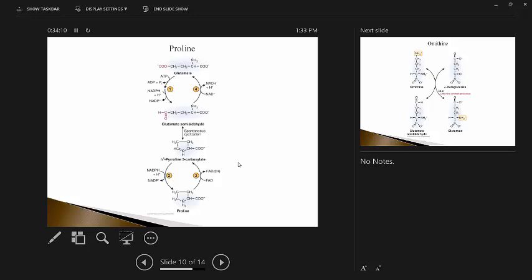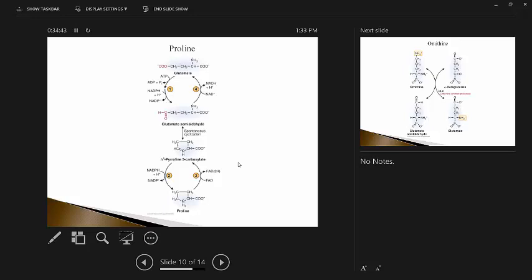Questions about that? Okay, yeah? You mentioned that number 2 occurs in the cytosol. Right. And 1, 3, and 4 occur in the mito. So these are the breakdown pathways. Proline goes to FAD. In essence, you're oxidizing this to get the double bond in here, and then you go in this direction and oxidize it and produce NADH and effectively regenerate glutamate.